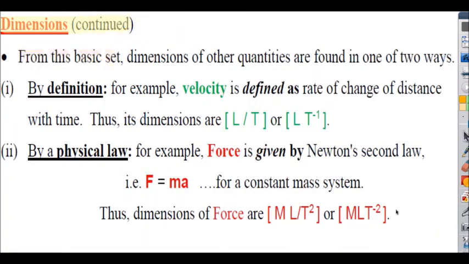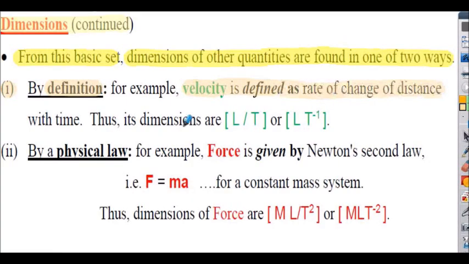Dimensions continued. From this basic set, dimensions of other quantities are found in one of 2 ways. Firstly, through definition. For example, velocity is defined as the rate of change of distance with time. So the dimensions of velocity are, distance would be in meters, having dimension L, and time would be in seconds, having dimension t.